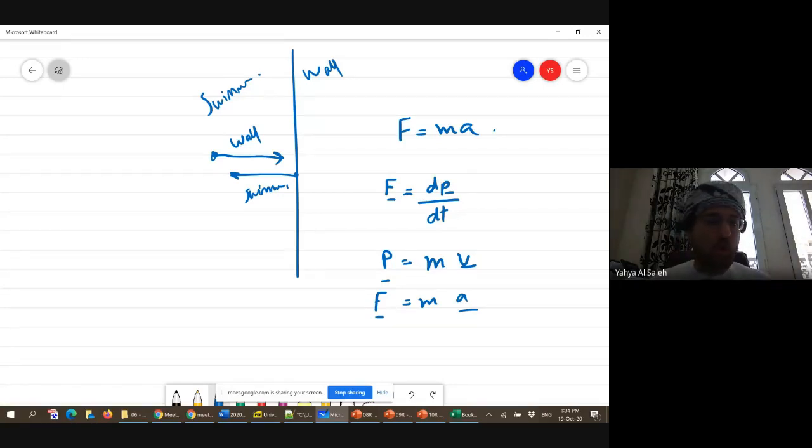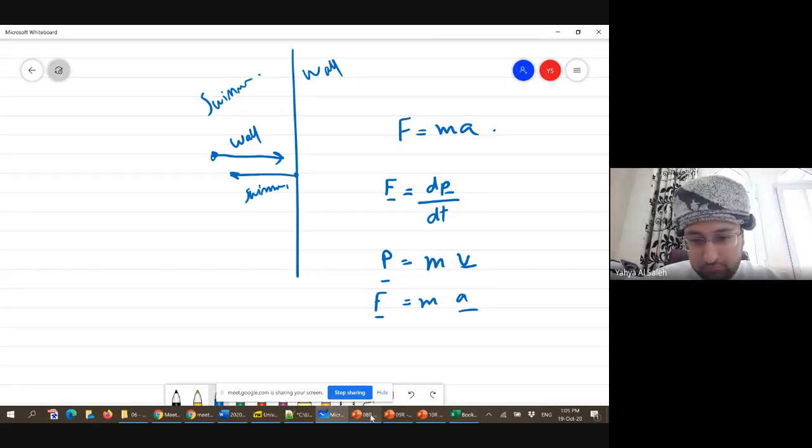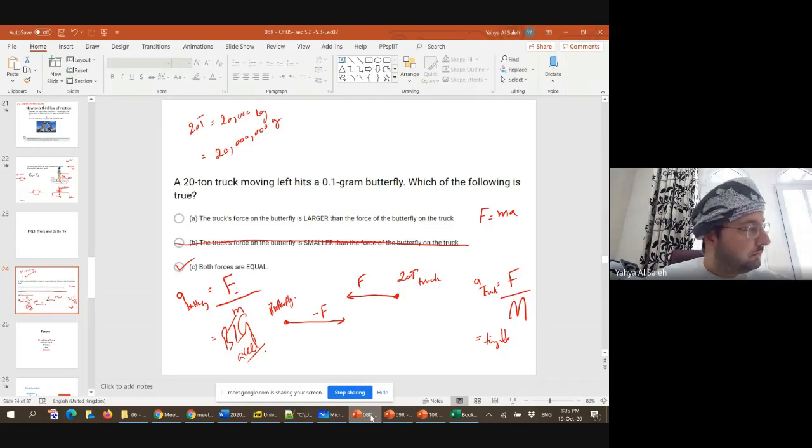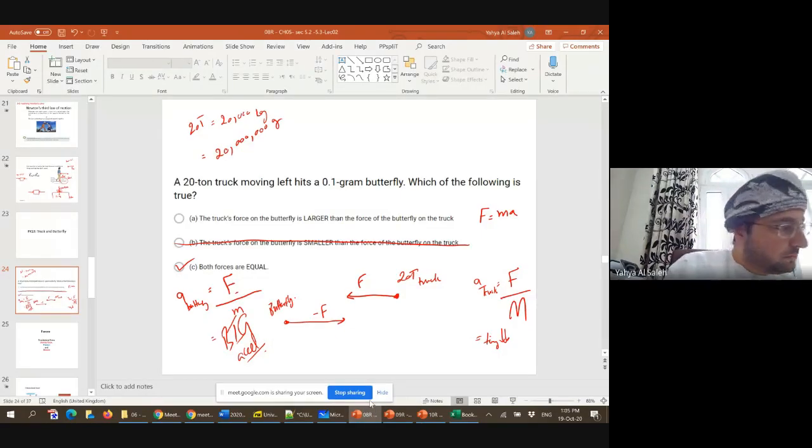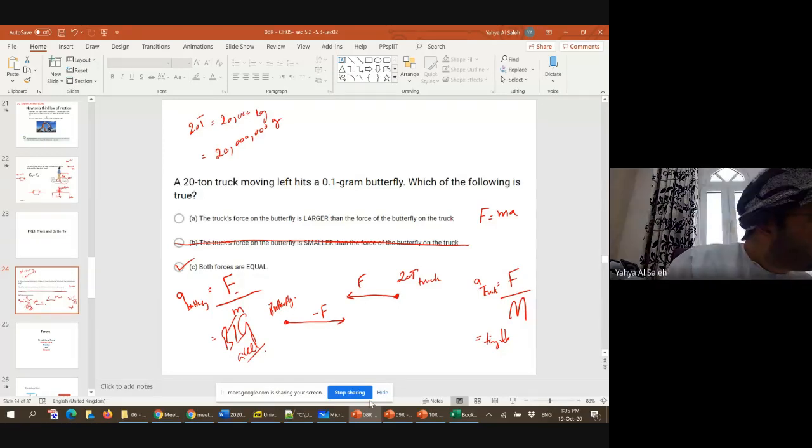Now, why am I bringing this up? I have mixed up all my pages. It's going to be a pain to fix later on, but never mind.